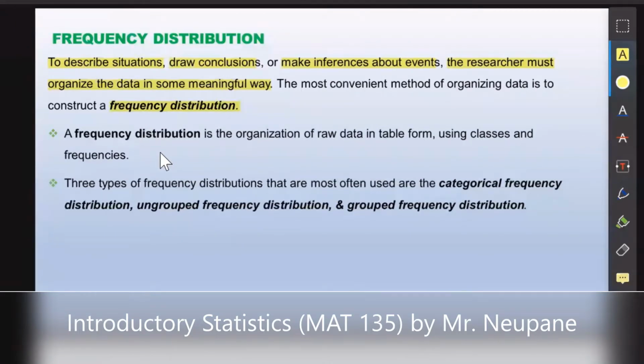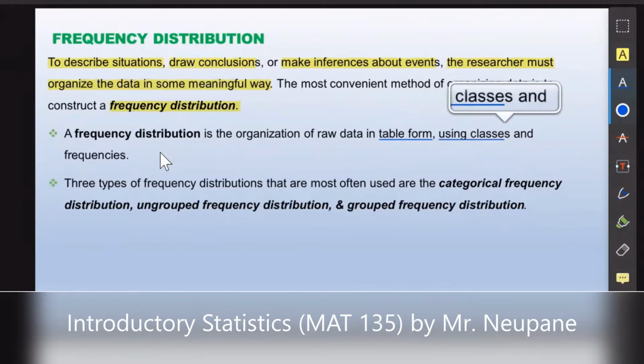Frequency distribution is the organization of raw data in table form. So you can see here in frequency distribution, we put the data in the form of a table using classes if required and frequency. And there are basically three types of frequency distribution that we are going to explore in this chapter.